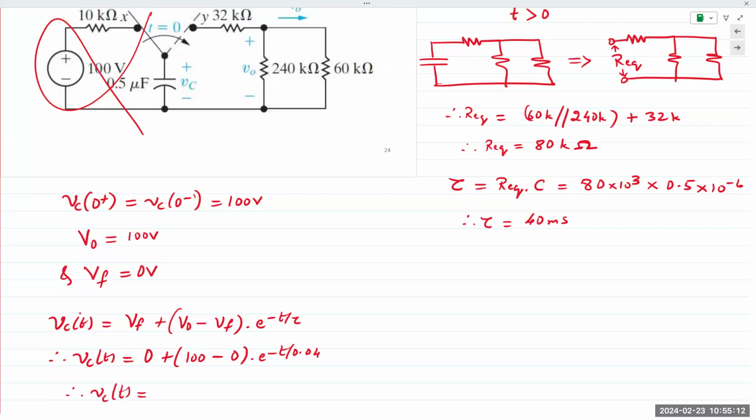So the expression for Vc of t is simply 100 e raised to minus 25t. The unit is volts, and this expression is valid for all time values greater than or equal to 0.